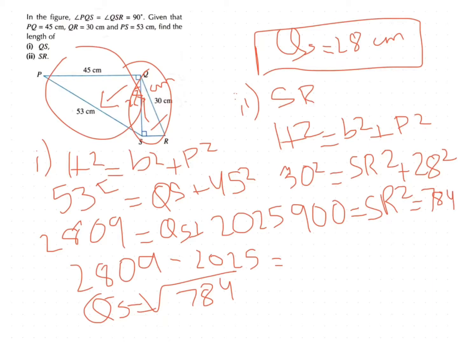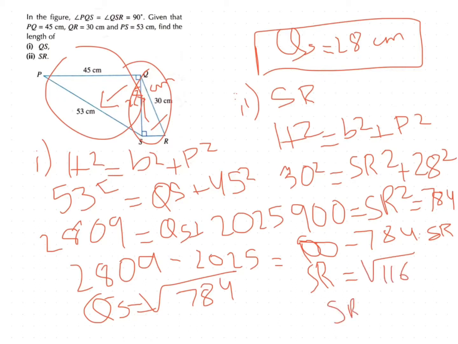Now we have to subtract that, and we will get SR square equals 116. The square root of 116 would be 10.77 centimeter. We have solved this question.